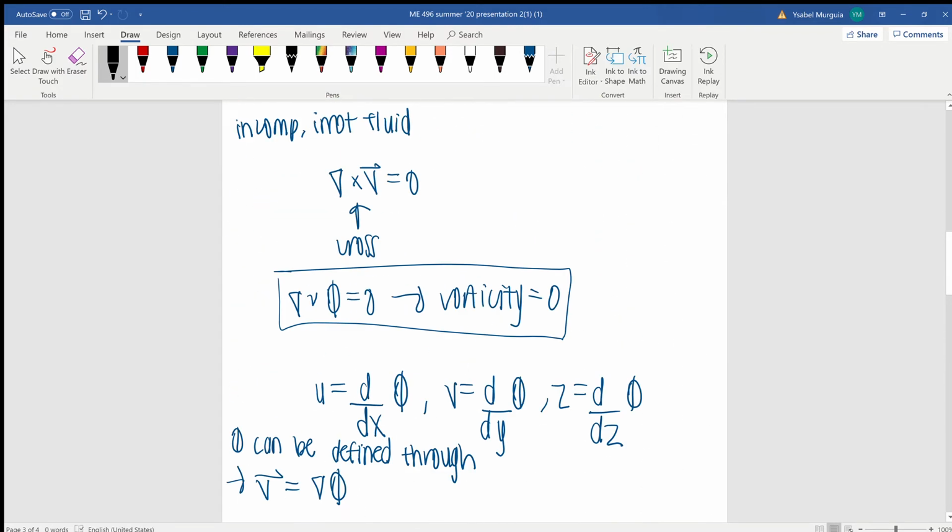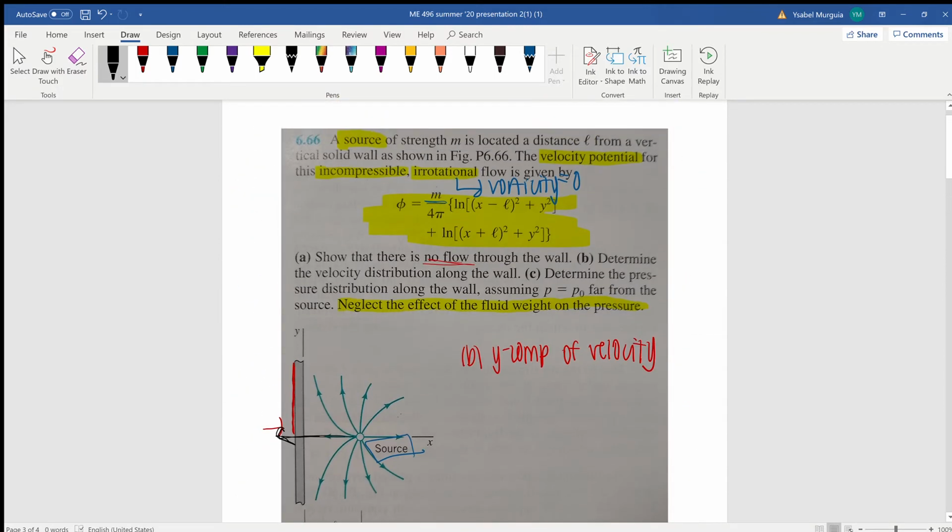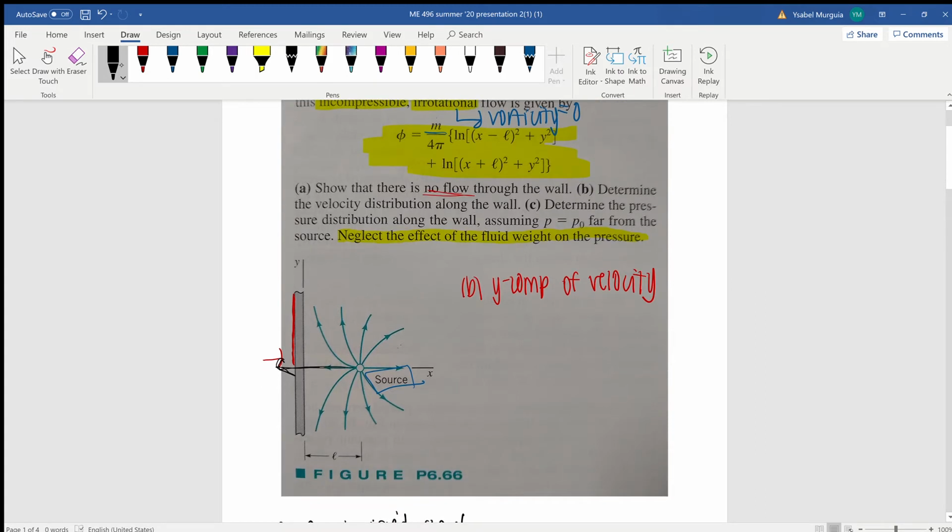However, we are looking to show that there's no flow through the wall. So the wall is right here. This is the origin. Okay, so this is where y begins and where x begins. So we can assume that this is 0, 0 for x and y.